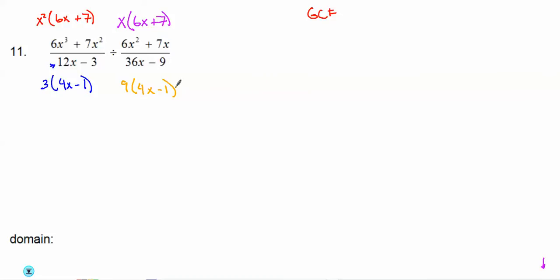So now, I'm simply going to rewrite this math problem over here on the side. It's going to look like this, writing the factors. I don't need this GCF word anymore. 6x plus 7.